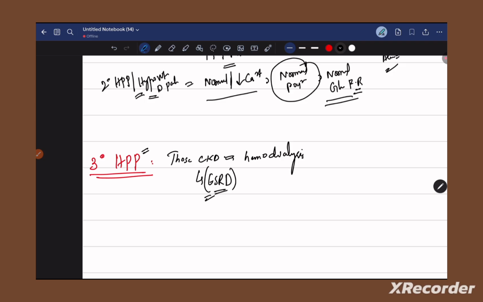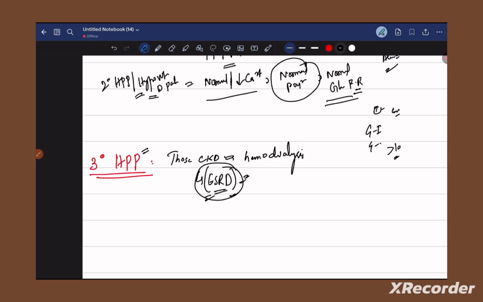When we go to the grading of this kidney injury, we mainly say grade 1, grade 2 on the basis of creatinine. When it is more than 10, we can say that this is end stage renal disease. Okay, there will be also ultrasonographic change and all that. We will discuss that. So when the patient is ESRD, end stage renal disease, what will happen?